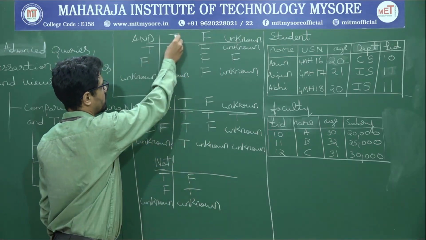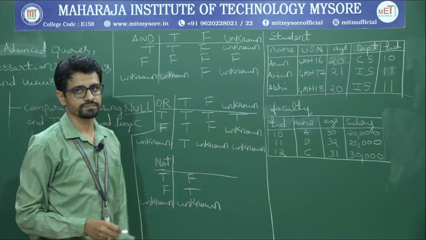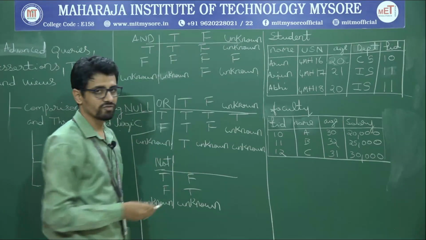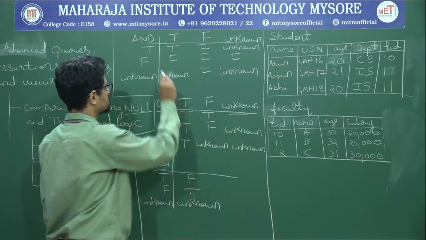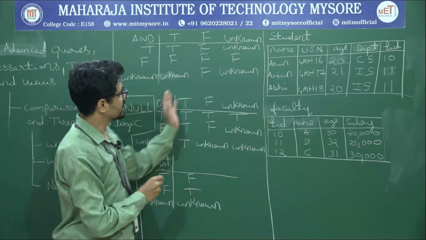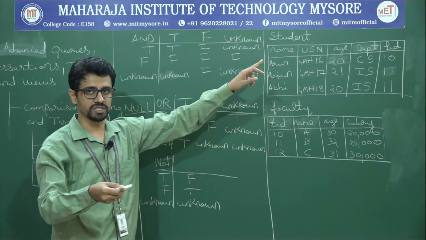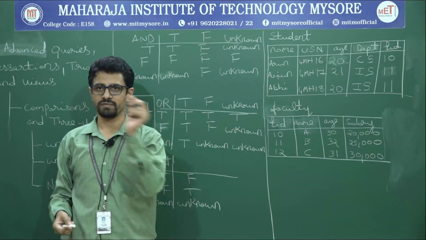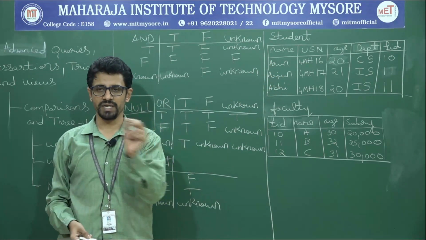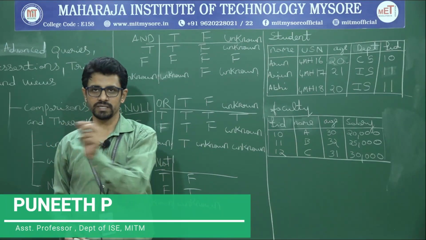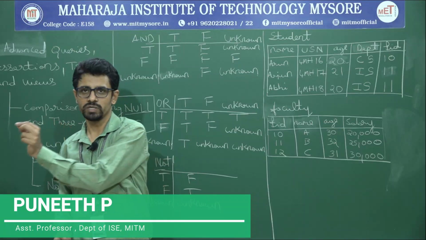If both evaluate to true, the output will be true, as you all know. If one is true and another is false, the output will be false. But what you need to understand here is, if one is true and the other one is unknown, meaning it evaluates to null, as in: select star from employee where salary greater than 10,000 and department number equal to 10.